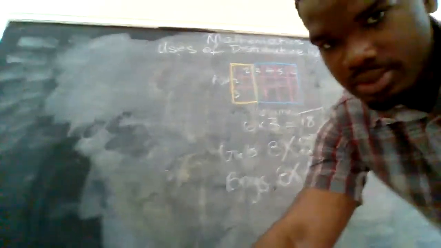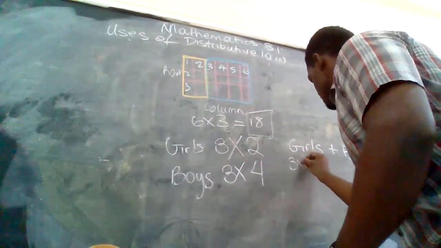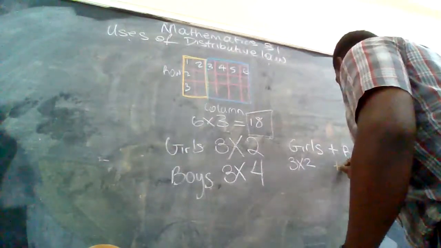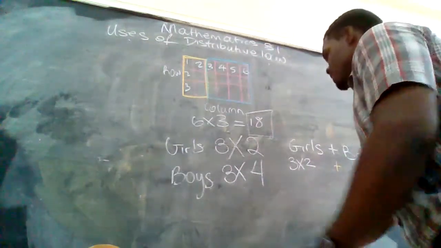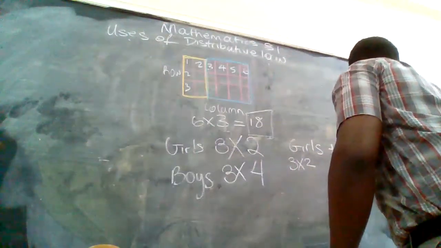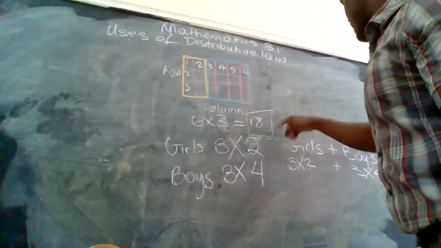The girls was 3 times 2, plus 3 times 4, which should give me 18.